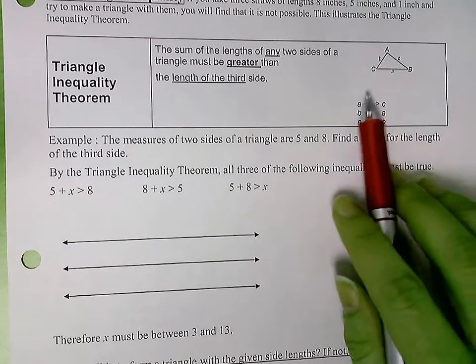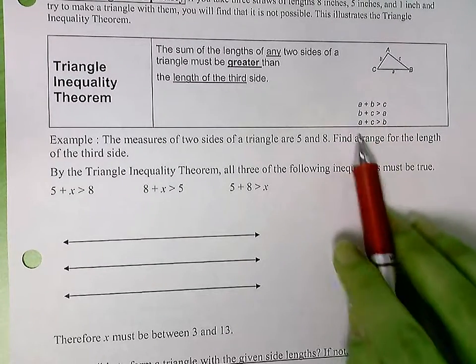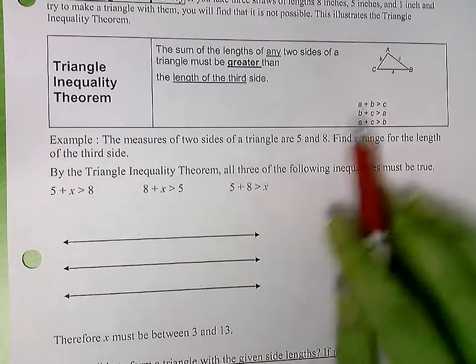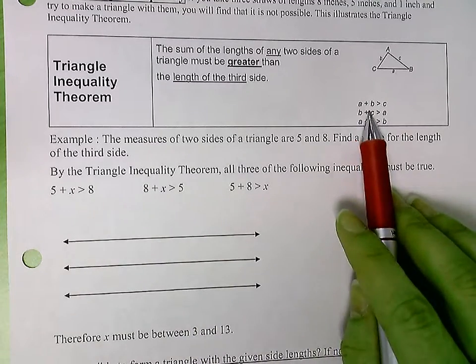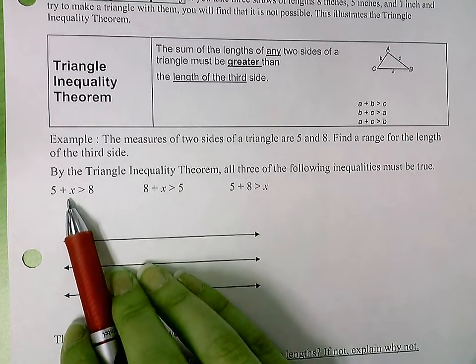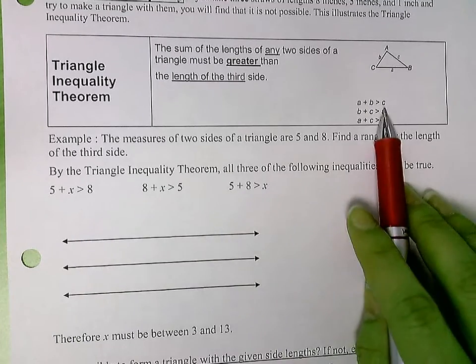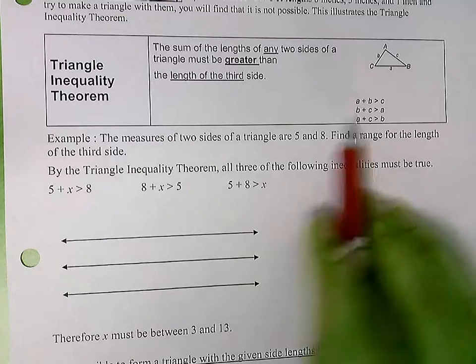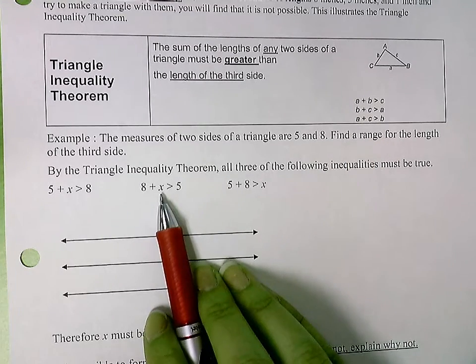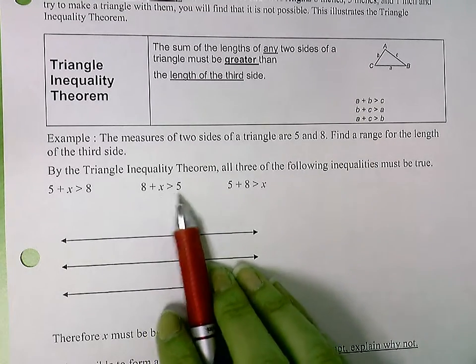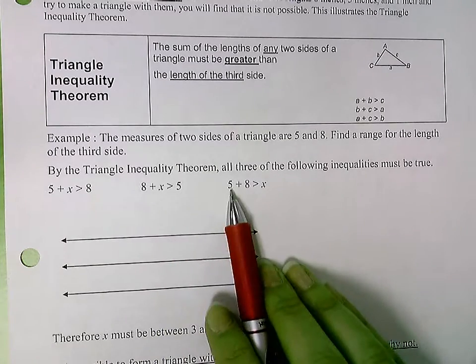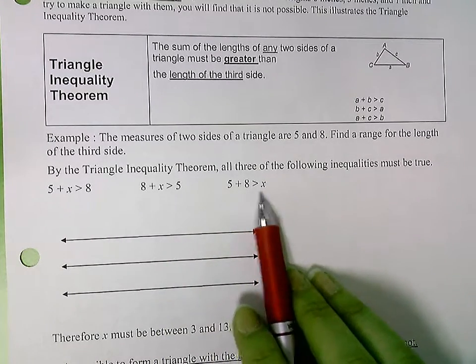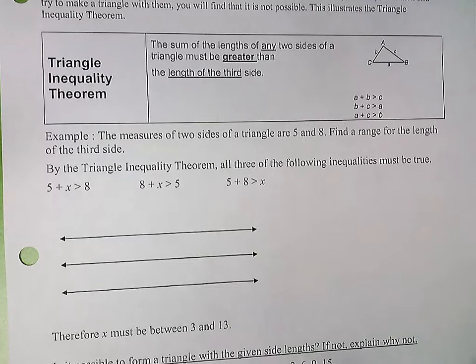I'm taking those from this right here. I'm taking a side, adding on that second side, and it has to be greater than the third side. Side A plus another side has to be greater than the third, and those 2 added together must be greater than that third side as well. So you have these 3 different inequalities here.